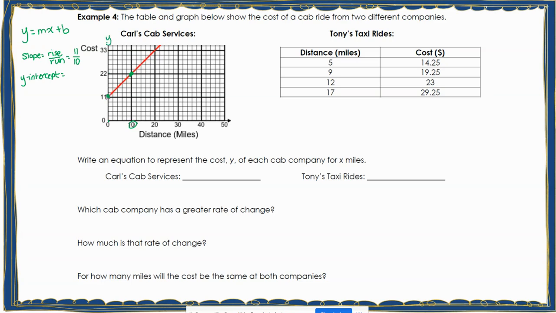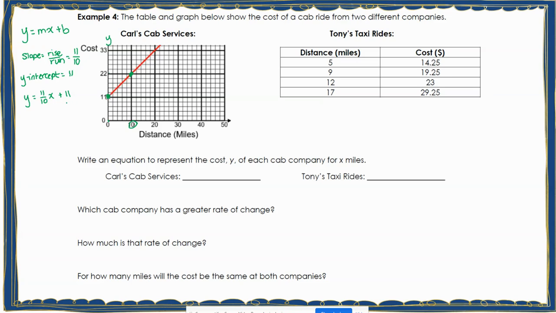So your vertical axis is your y-axis. And you can see that this graph has an intersection of the y-axis right here at 11. So that means that the y-intercept is 11. Well, if we use that to write an equation, our equation is going to be y equals 11 tenths times x plus 11. So 11 tenths, because that's the slope, times our x. And then our y-intercept is positive 11, so I put plus 11.